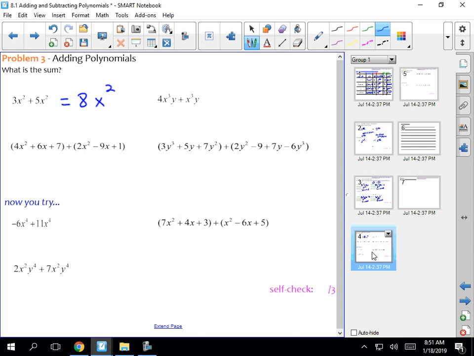We have 8 x squareds, right? So you're labeling 3x squareds and 5x squareds. If I were to draw x squareds, there are 3 x squareds right there, and then 1, 2, 3, 4, 5 x squareds right there. So I have 8 total x squareds, or literally 8 total squares.